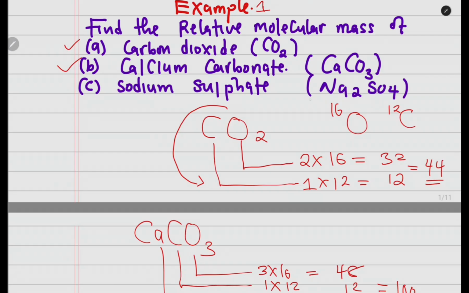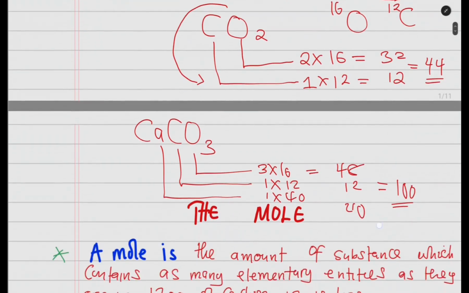Now, sodium sulfate is already given here, which is Na2SO4. So you find the relative molecular mass of sodium sulfate. Be able to post your answer in the comment section, and also we'll be able to learn from you. Okay, so this one I leave it up to you.